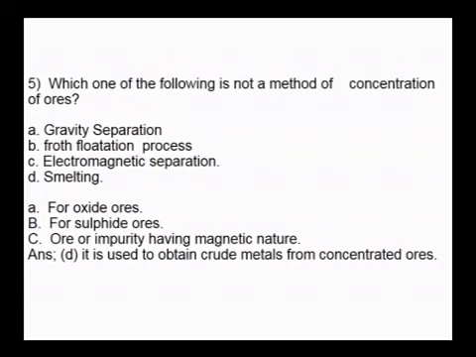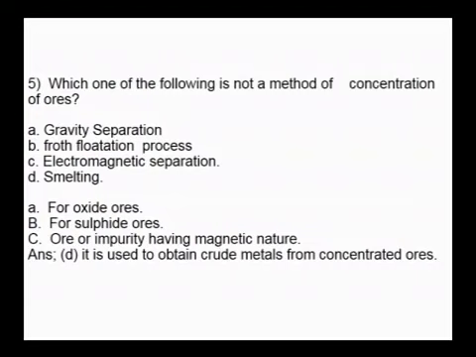If the ore or the gangue particle is magnetic in nature, then this method is used. The next one is smelting. Smelting is not a concentration method. Therefore, the answer is D. It is used to obtain crude metals from concentrated ores, but it is not a concentration method.